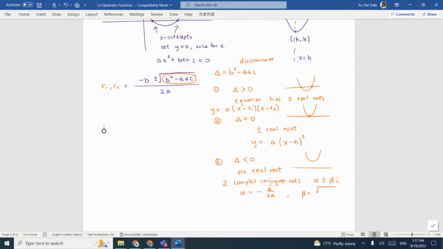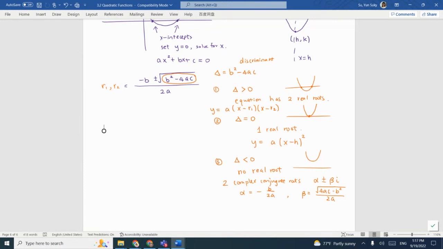Then the remaining, because we factor out the negative, we flip it. So 4ac minus b squared over 2a. This will be the imaginary part. Because b squared minus 4ac is negative, then 4ac minus b squared will be positive. Is that okay, everybody?